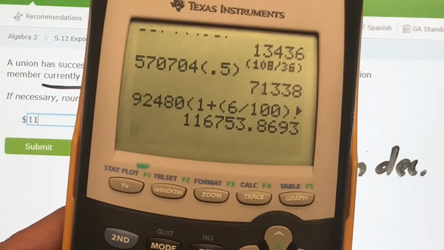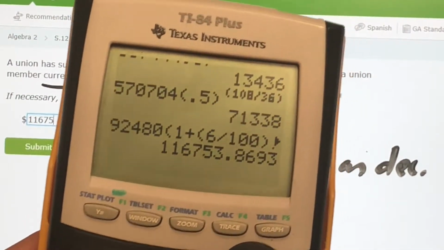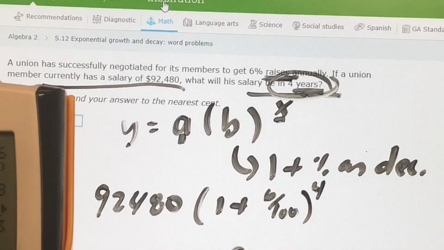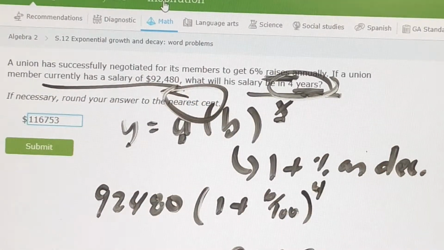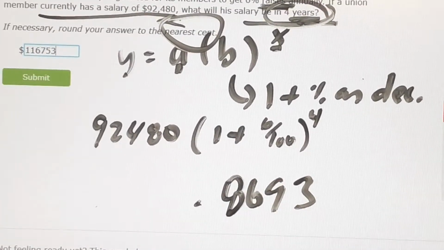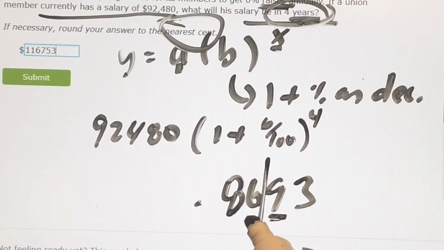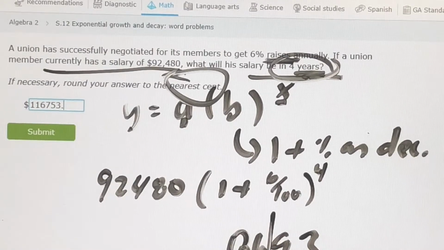You're going to get 116,753.8693. They want you to round to the nearest cent, so there are 2 numbers after the decimal. Then you look at that next number, and it will make it go up by 1. So it'll be 87. My answer will be 0.87.